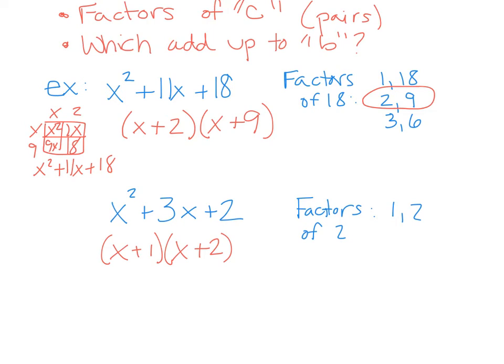Write down any questions you have as we're going, and we'll answer those on Tuesday. Another example: x squared minus 6x plus 8. This is a minus sign, so we have to do some thinking. We still want factors of 8. There's a positive 8 here.